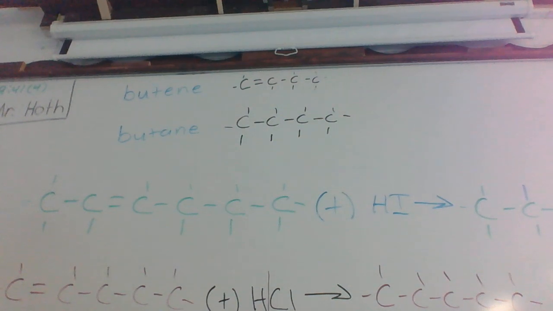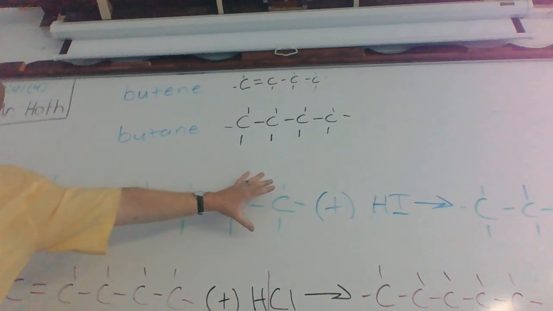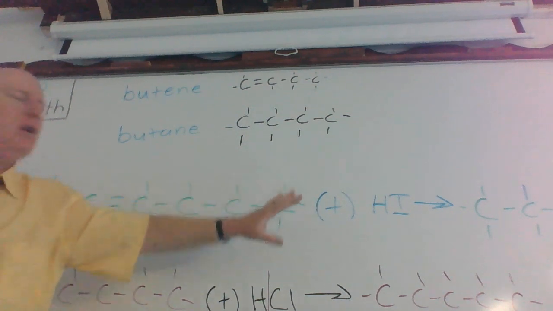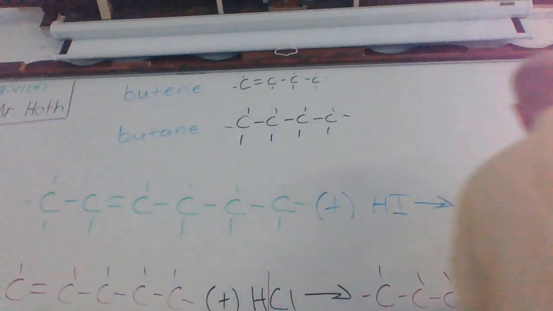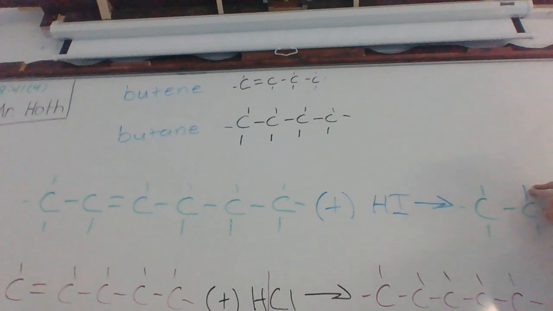So it's irrelevant which one you go to, because these are going to be formed in equal amounts. What if the hydrogen ion attaches here and the iodine attaches up there? True. It's probably going to be somewhere around 45 and 49% or something to that effect. It would be equal amounts.